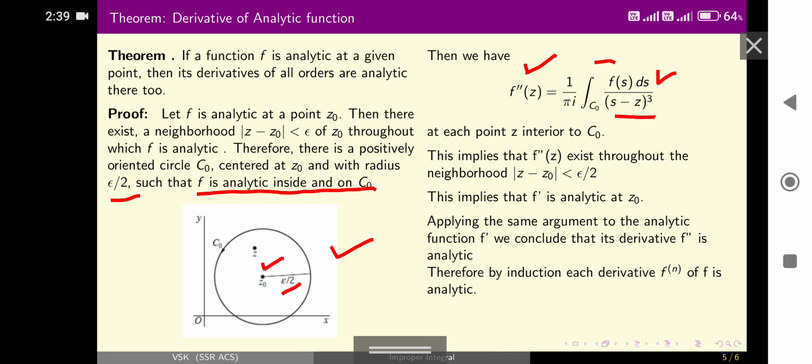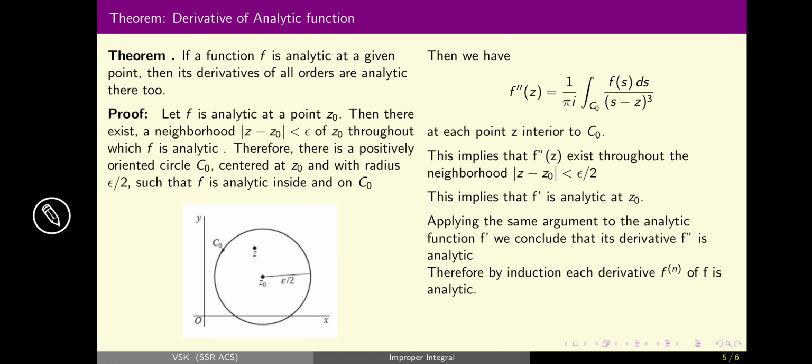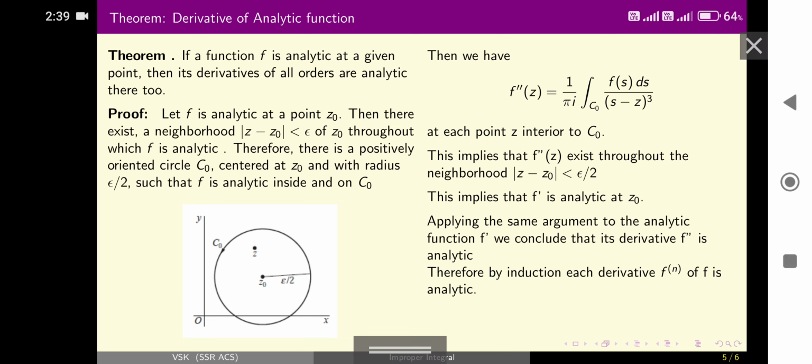At each point the value of this is given by this integration, and this exists at each point z interior to C0. This implies that f double dash z exists throughout the neighborhood |z - z0| < epsilon by 2, that is f double dash z exists in this neighborhood. But this implies that f dash z is analytic at z0.